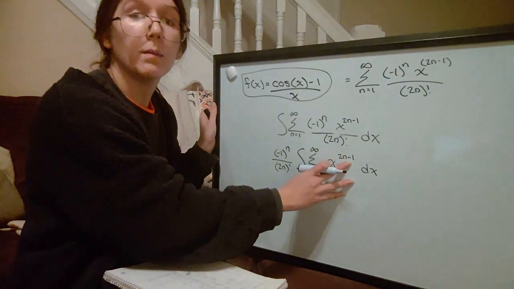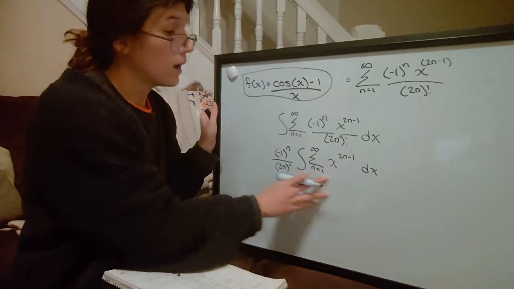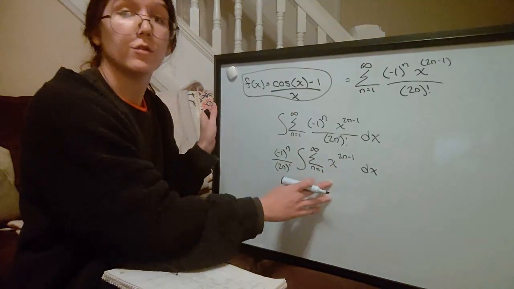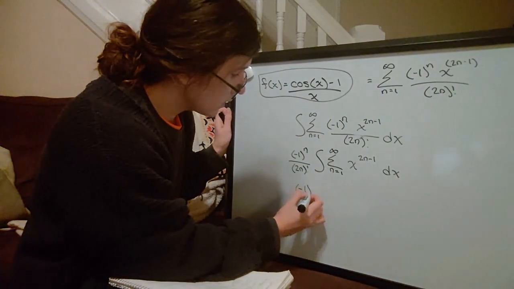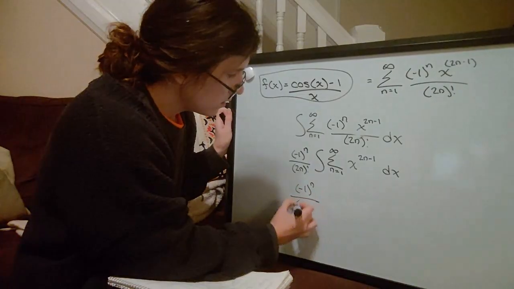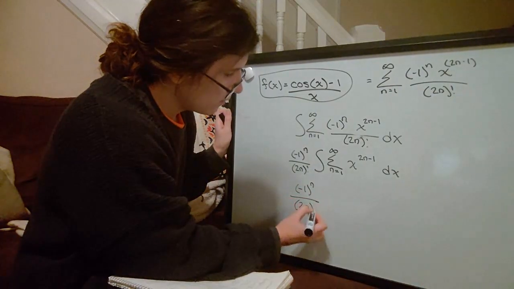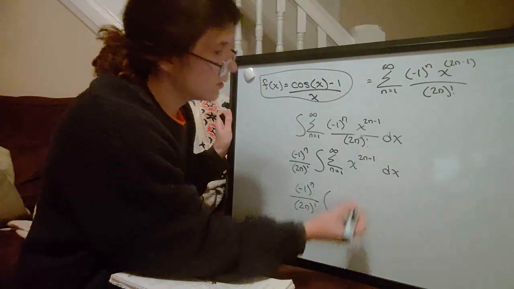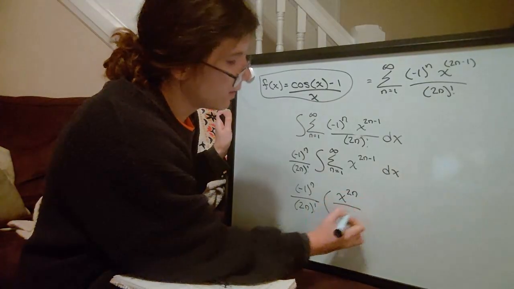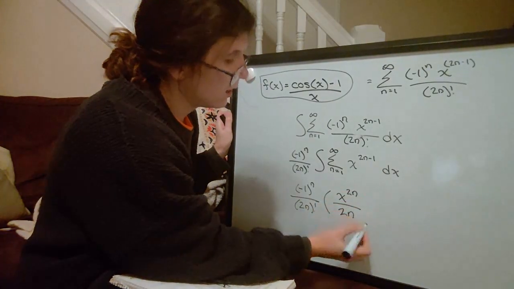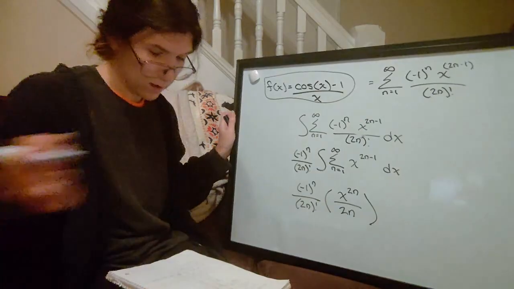By adding 1, I basically just get rid of this minus 1, and I'm then just going to divide by 2n here. Not too bad. So I'm going to say negative 1 to the n over 2n factorial, and this is going to be x to the 2n divided by 2n, plus C.